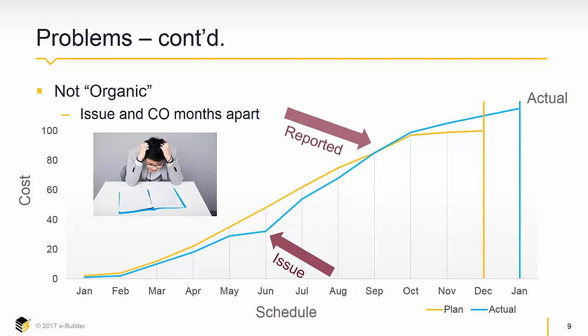But what typically happens is the form doesn't end up on the desk of the person who's reviewing it until 3 or 4 months later. This is very typical. And once it gets there, it's typically about the time that the CM or GC wants to be paid for the work that was in the change order.